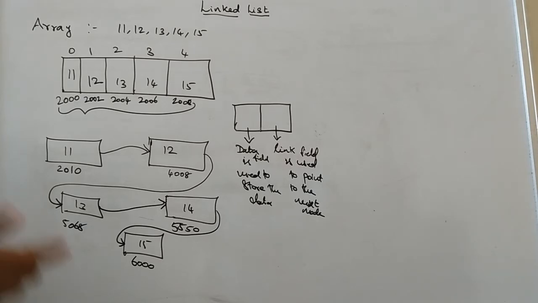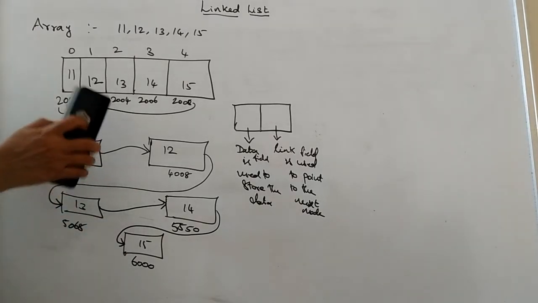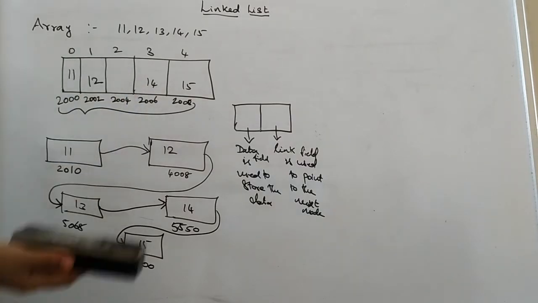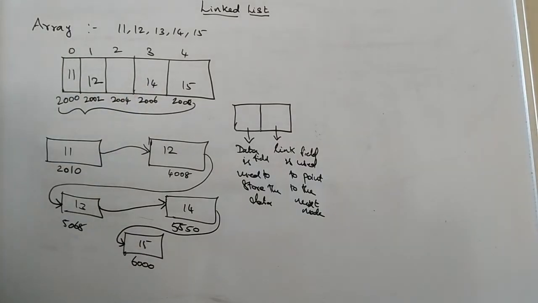So what's the necessity of making use of a linked list? Why don't we make use of an array? What's the advantage of using a linked list? Once you take an array, if I remove one element from it, for example I delete 13, there will be an empty space.